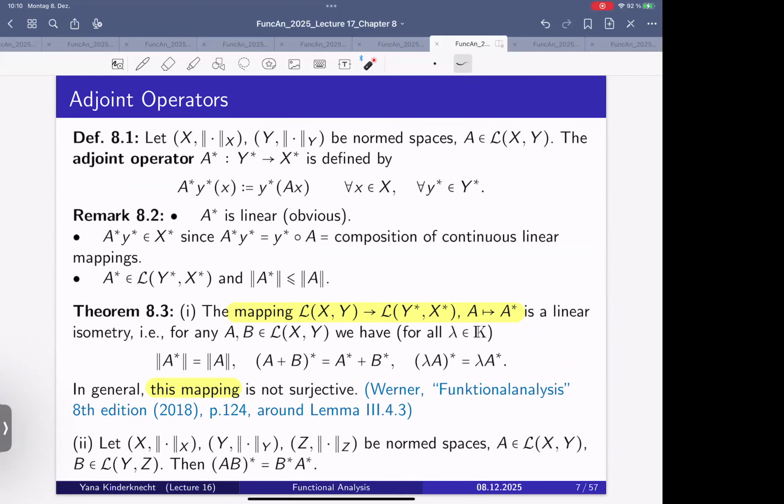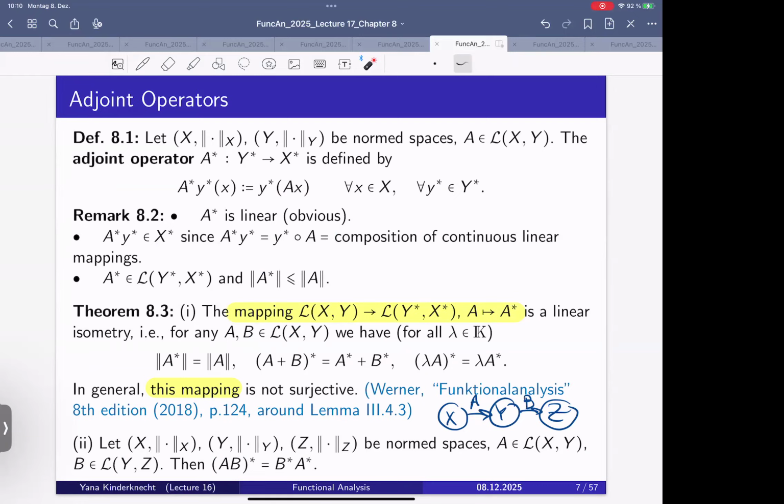So this is one statement, that this mapping is linear and an isometry, that is, the norm is preserved. And the second statement is that if we have three normed spaces X, Y, Z, and we have two mappings, A from X to Y and B from Y to Z, then we may consider the composition.